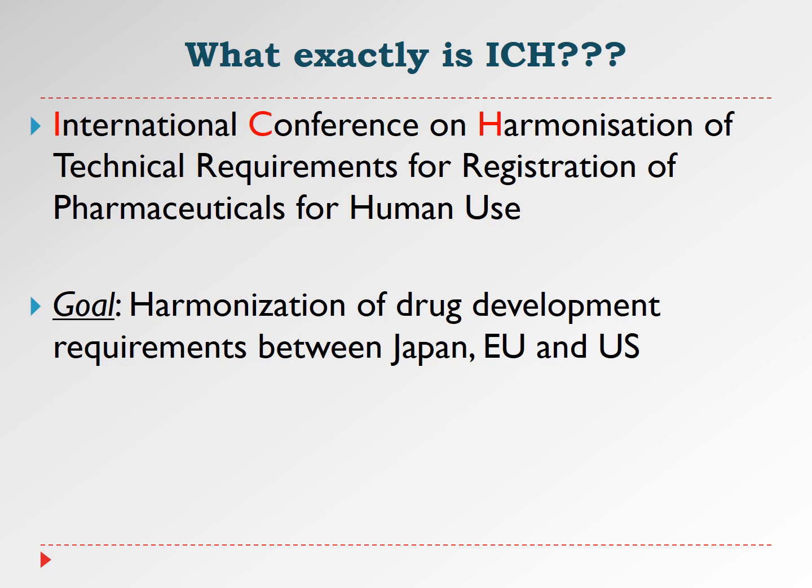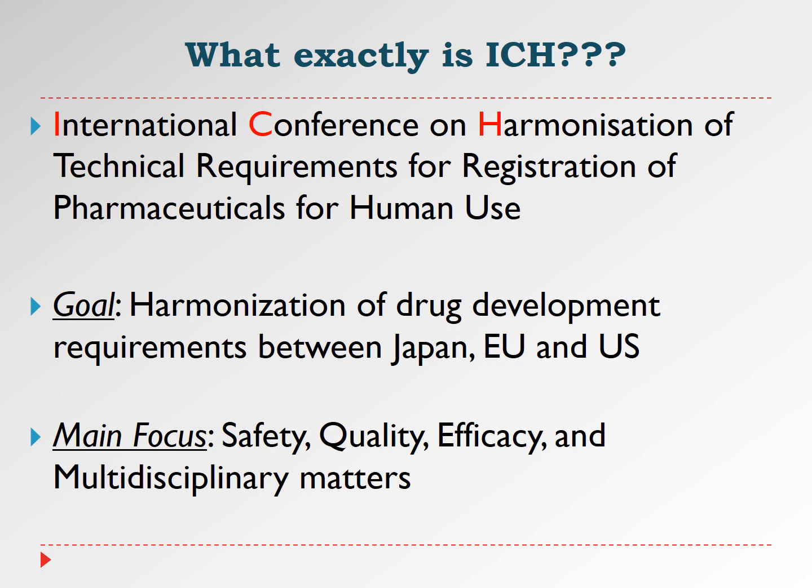There would be additional work Pfizer would have to do to get that drug approved in the EU, but a lot of the groundwork would be accepted because of the harmonization of requirements between these three regions. The main focus of ICH is safety, quality, efficacy, and it also covers multidisciplinary matters. We're going to get into a lot more depth with ICH when we take the good clinical practice class. But the whole idea is to not reinvent the wheel, so that these three regions have standardized and harmonized requirements, making it easier and faster to get drugs approved from one spot to the next spot.